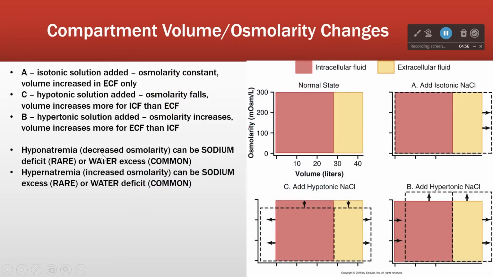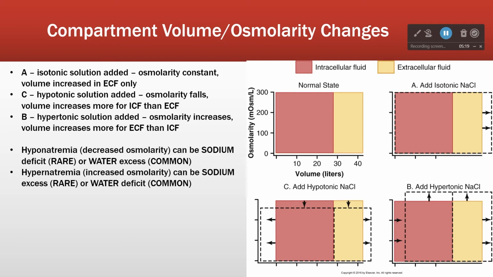All right, so we talked yesterday about the fact that when we put fluid into the body, we tend to put it into the plasma space, right? But the plasma space is in communication with the extracellular fluid space and the intracellular fluid space. So we can think of it as two spaces.